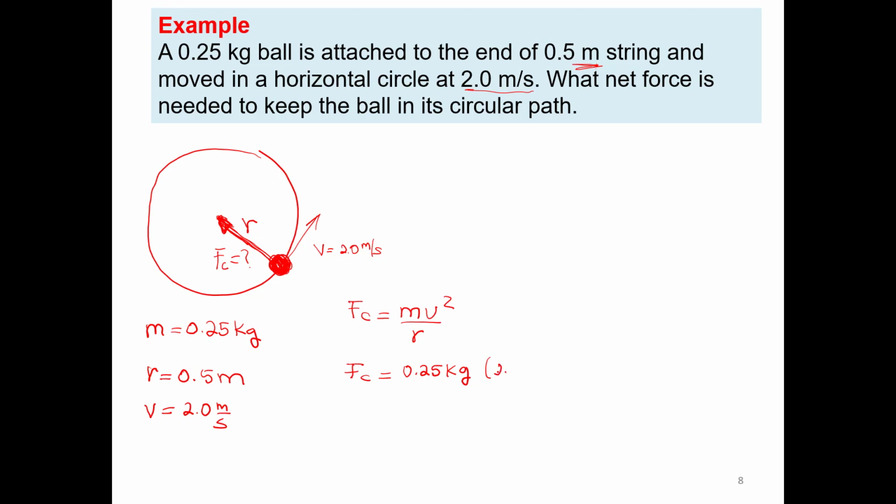It's 2.0 meters per second, and we need to square it. Then divide by the radius, which is 0.5 meters. Let's solve step by step. It's 0.25 kilograms, and 2 to the second power is 2 times 2, so it's 4. Two significant digits, and we need to square not only the number but also the units.